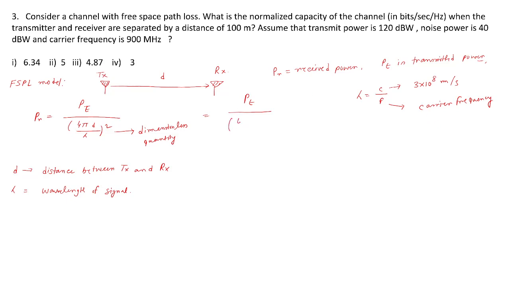Therefore, if you replace the expression of lambda here by this, it comes out to be PT times (4 pi d f by c) squared.